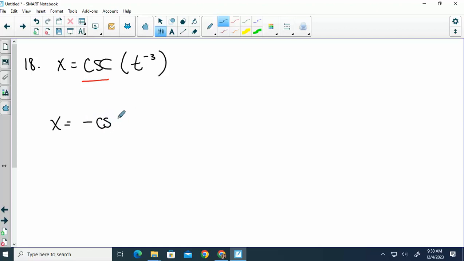So it's the derivative of the outside. Inside stays the same. Times the derivative of the inside. So what's the derivative of t to the -3?